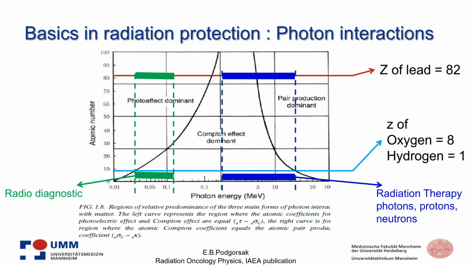yeah, if you remember this image, and you have a look at the right-hand part of this diagram, you see that if you are going above 10 MV, you reach the pair dominant part of this drawing, and at this part you could say activation and neutron production starts.